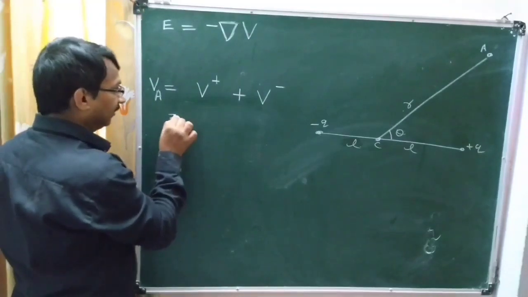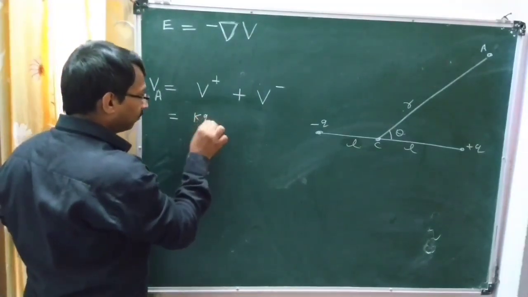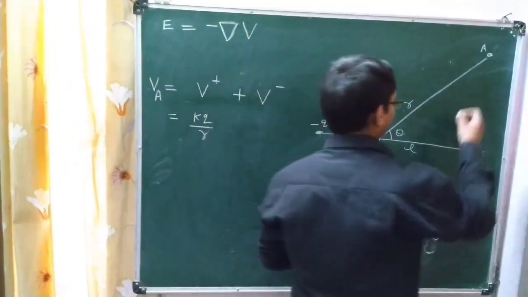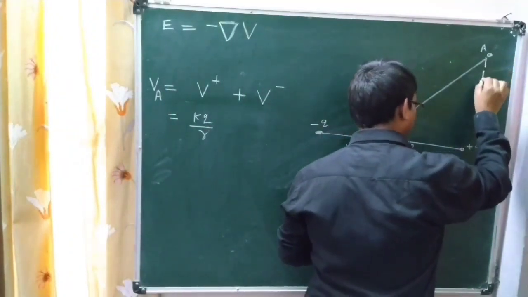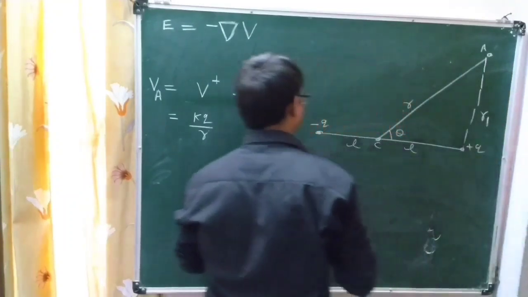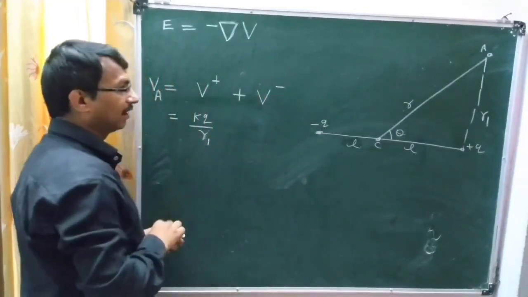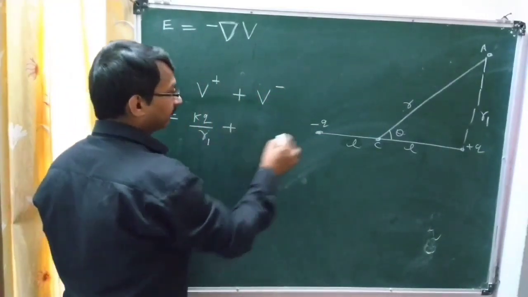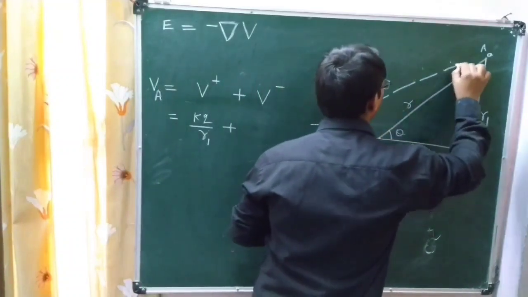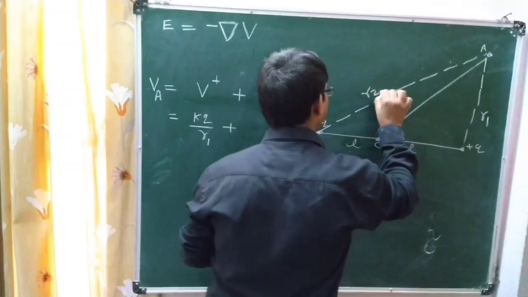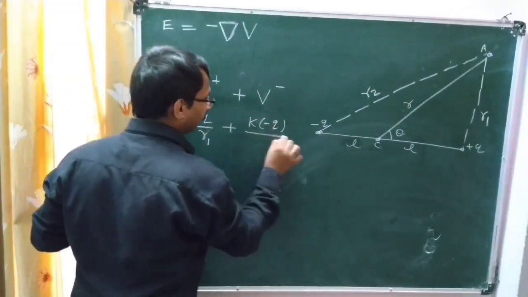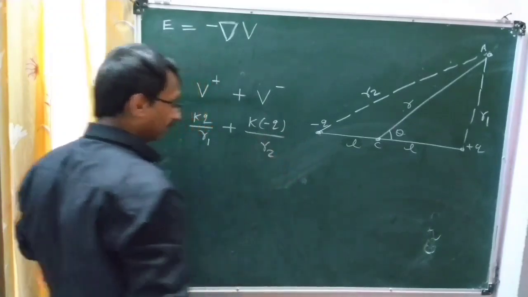The general formula for electric potential is KQ upon r. So let the distance of this observation point from the positive charge be r1, so we are using r1 here, and the distance of this observation point from the negative charge be r2, so we write k into minus q divided by r2 here.